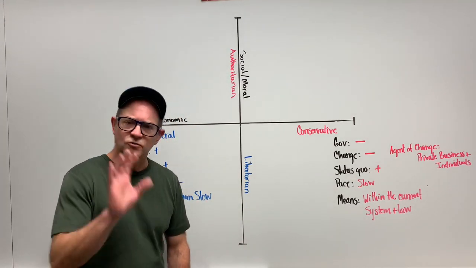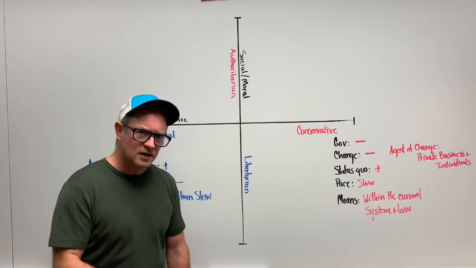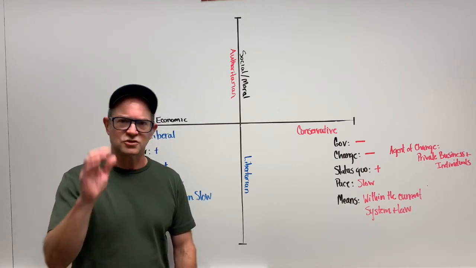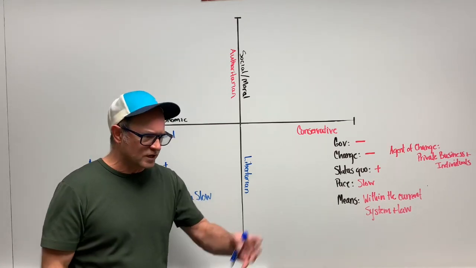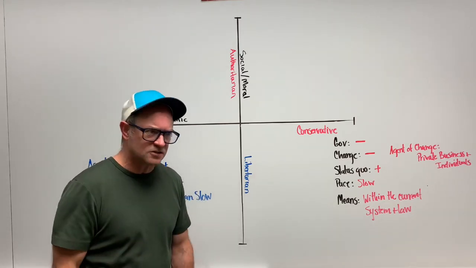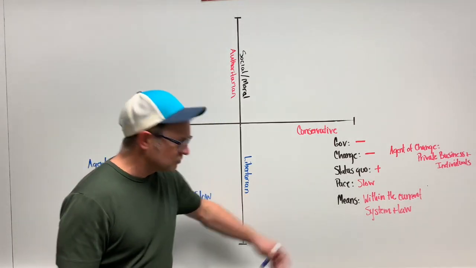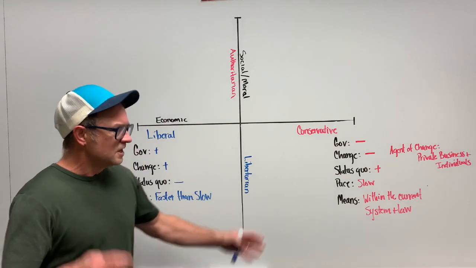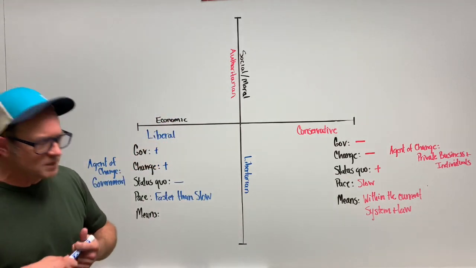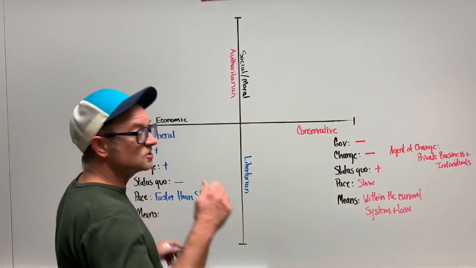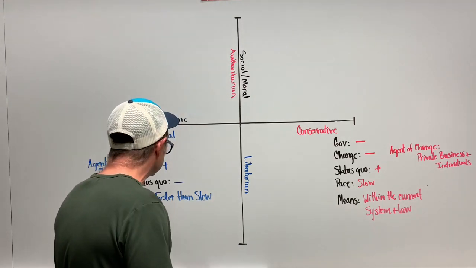Regardless of what you might have heard in the news, or on various websites or social media, or even from crazy Uncle Vinny at Thanksgiving dinner, conservatives and your true liberals believe the same thing when it comes to the means. They both believe that you need to stay within the current system and law.